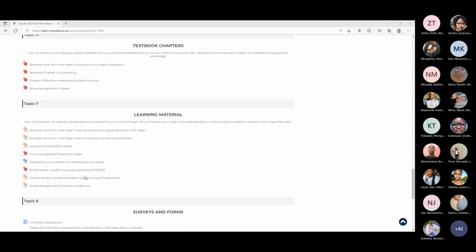If you scroll down to topic 7, learning material, on the textbook chapters on topic 6, you'll notice the stress management chapter. As indicated in the study guide, you need to consult pages 131 to 133 to complete the assignment.